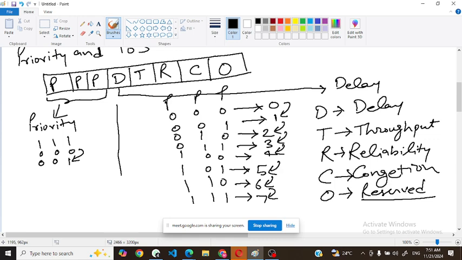D denotes delay, meaning how much time it is taking. Is there any delay from the proper time of delivery, or no delay, due to congestion on the route or maybe any other reason? Is it clear for everyone? These are 8 bits for priority and type of services.